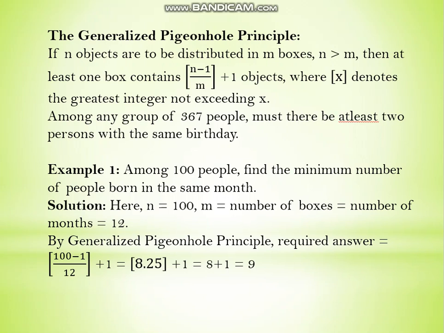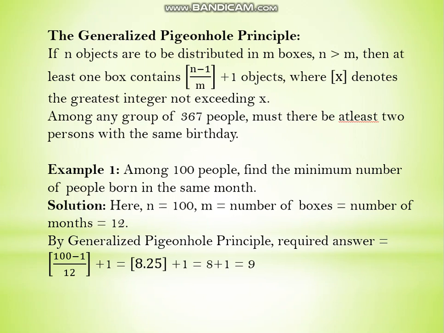So in the next example, let us see how we can apply the generalized pigeonhole principle. Among 100 people, find the minimum number of people born in the same month. In the same month means months will be the number of boxes. So m is the number of boxes, which is the number of months, which is 12, and the total number of objects is 100.